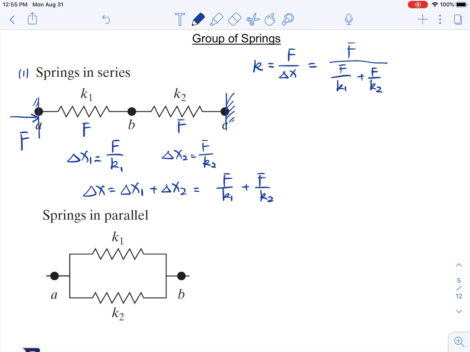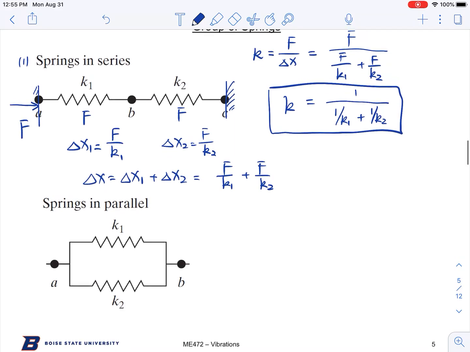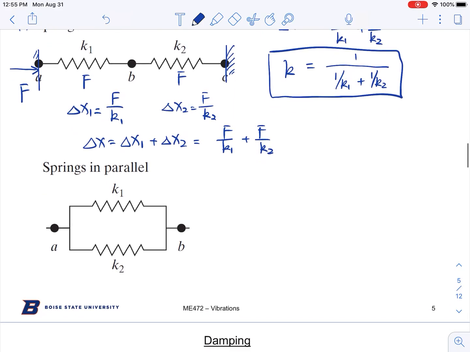Then we can easily cancel out the F, and it becomes 1 over (1 over K1 plus 1 over K2). So that means when you have two springs connected in series, the total spring coefficient follows this equation.